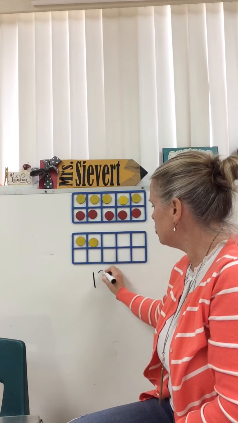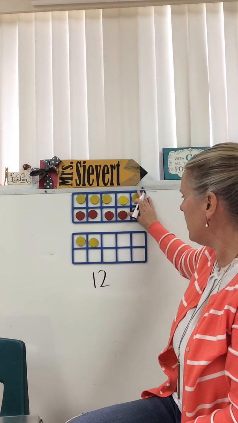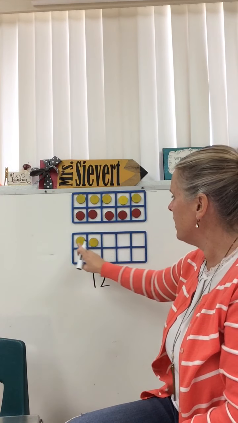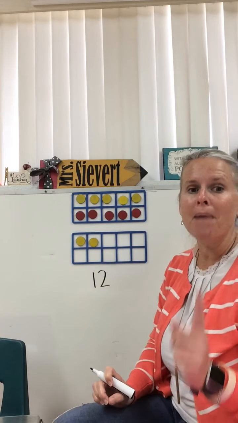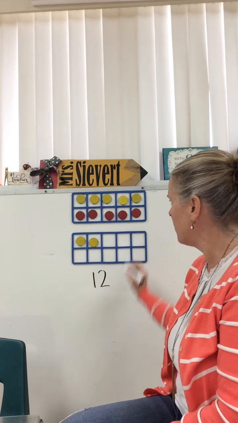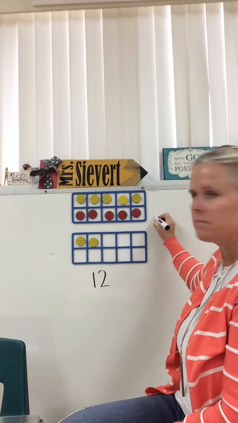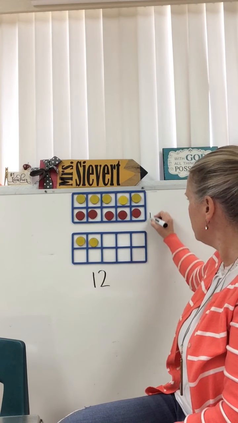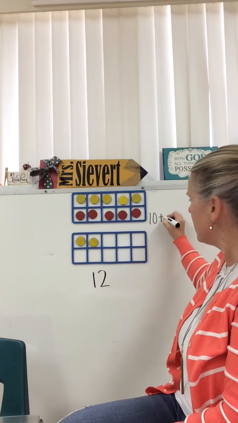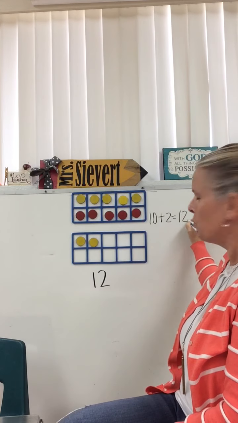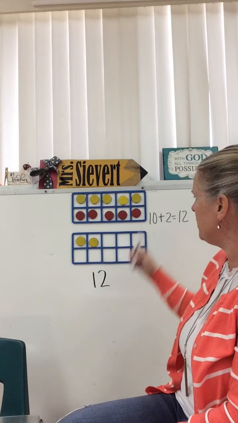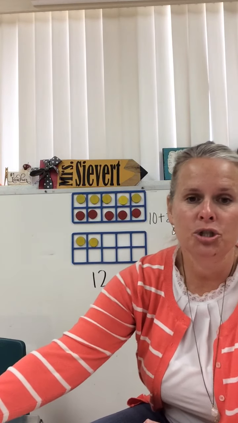So that tells you right away we have 10, and then we have 2 more: 10, 11, 12. That is 12. We can also put that into a math problem. 10 plus 2 equals 12.